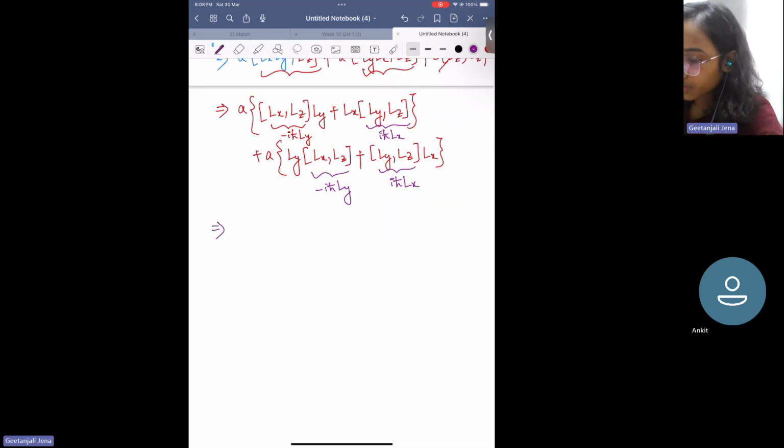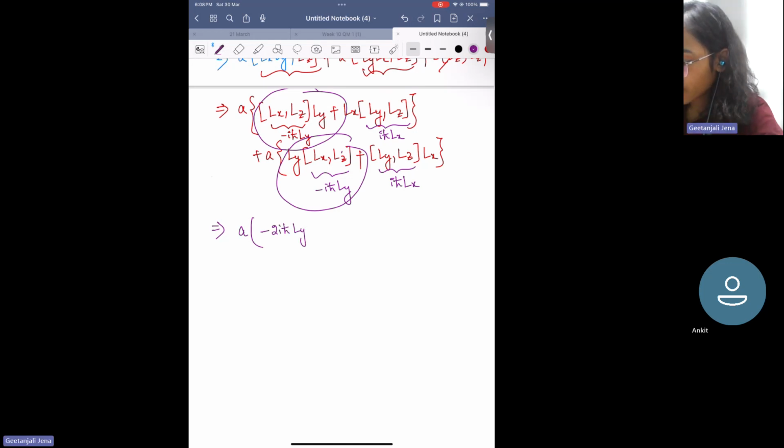Now the total expression will become A times these terms. These two terms are the same, so it will become minus 2i h-cut Ly square plus 2i h-cut Lx square.